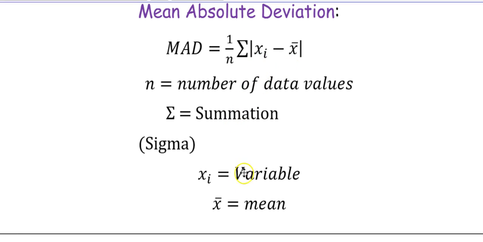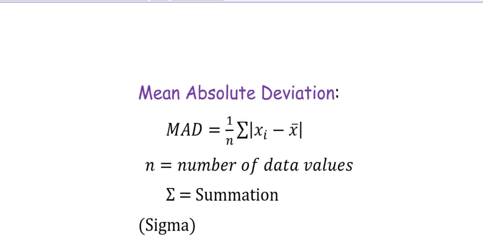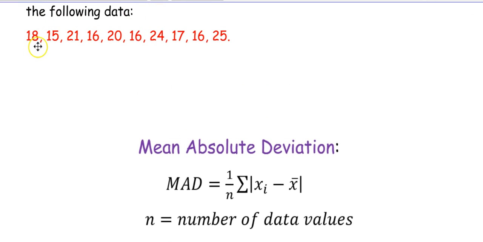And this xi is the variable. Variable means these numbers, 18, 15, these are all the variables. The x value, xi, goes here. X bar, we read it as x bar, that is the mean.